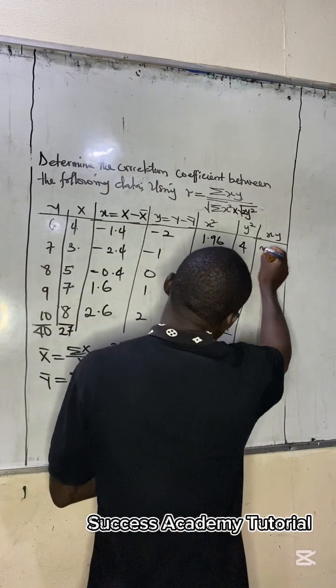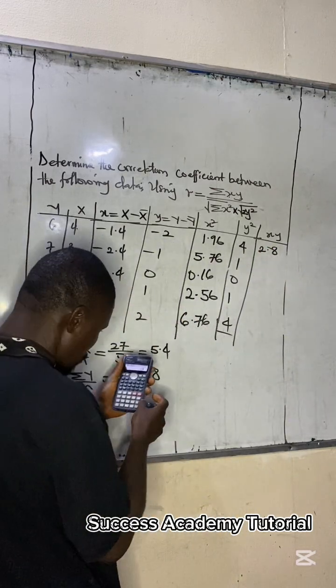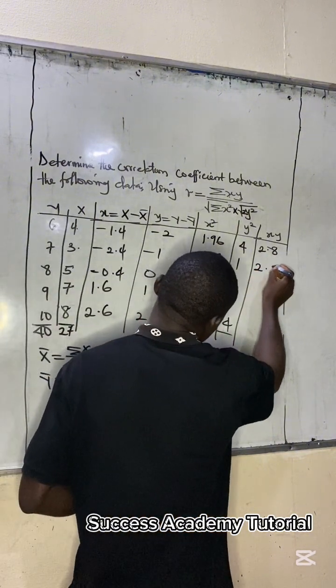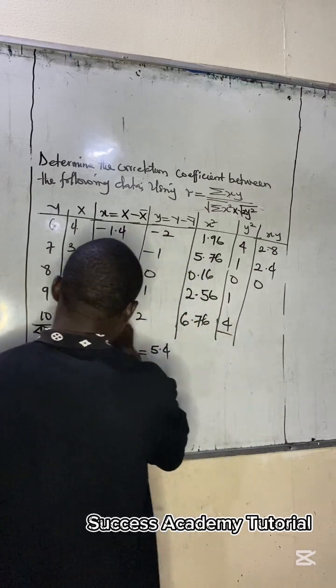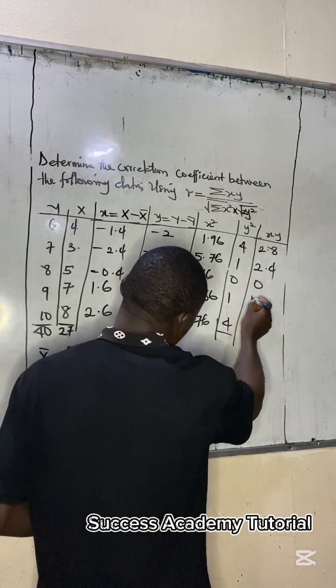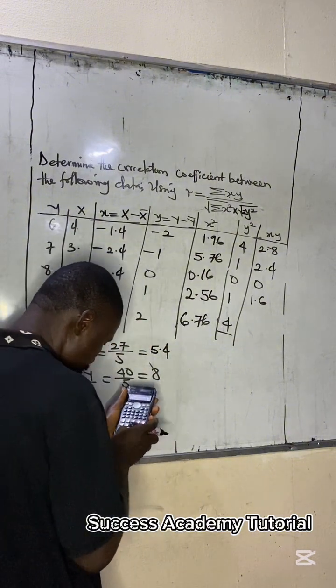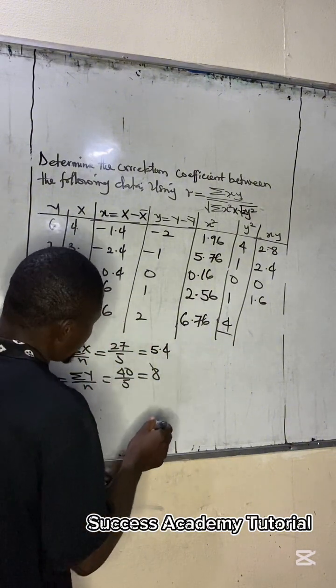Now minus 2.4 times minus 1 is 2.4, and minus 0.4 times 0 is 0, and then 1.6 times 1 is 1.6, and 2.6 times 2 is equal to 5.2.